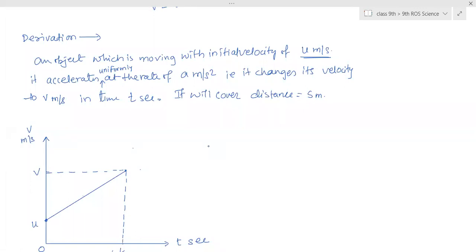So only drawing the diagram and proving will not work out. Is it clear? Done? The first part is done. Graph, draw the graph.